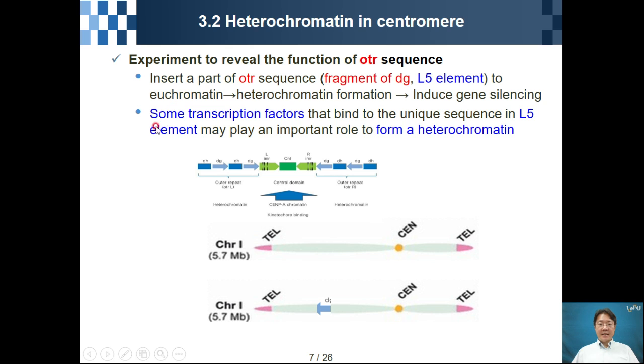So in this experiment, we use a part of the OTR sequence, especially the fragment of DG.